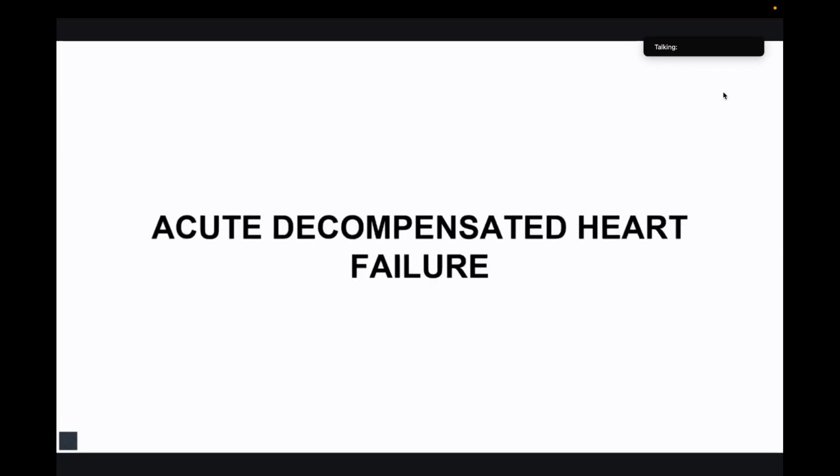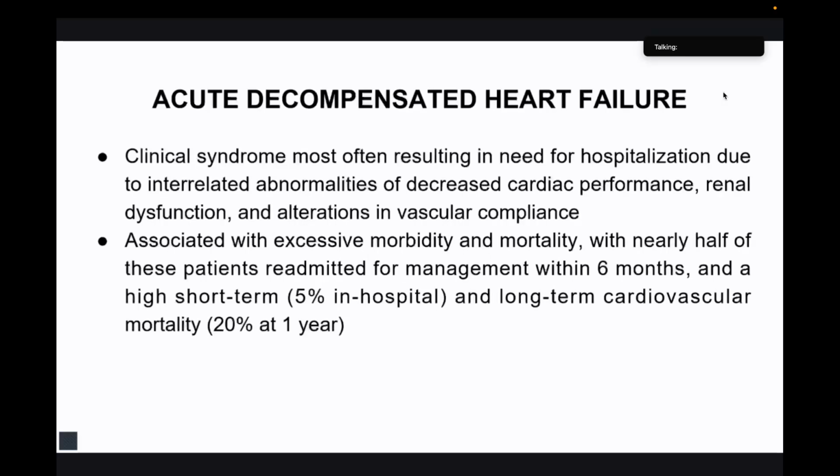So, how do we manage patients who come in with acute decompensated heart failure? When we say acute decompensated heart failure, it is a clinical syndrome most often resulting in need for hospitalization due to interrelated abnormalities of decreased cardiac performance, the presence of renal dysfunction, and alterations in vascular compliance.